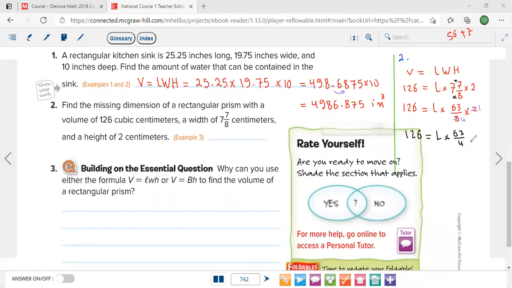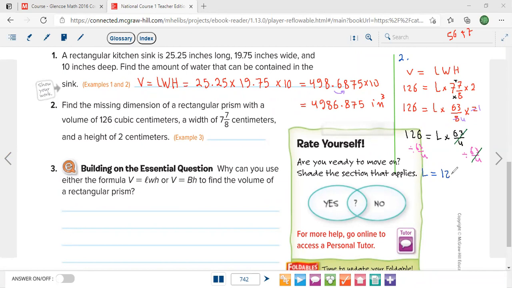63 over 4. Now we should divide, because this is a multiplication equation. We divide this side by 63 over 4, divide by 63 over 4. Of course, here 63 over 4 divided by itself is gone. So L remains alone.